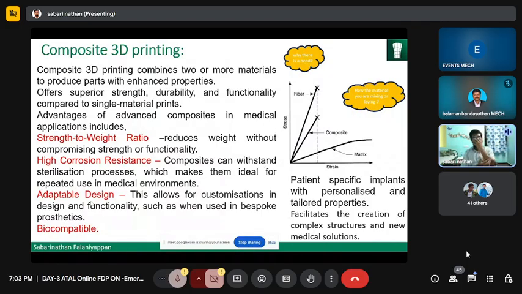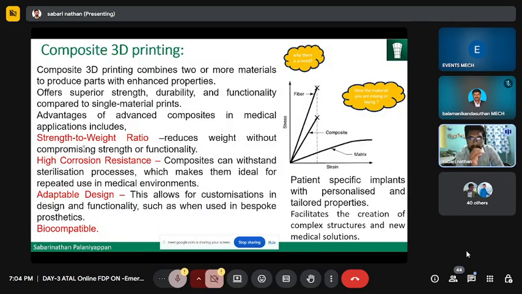In order to reduce the brittleness and increase the strength, you need to add some kind of reinforcement. When you enhance the base polymer property by mixing with another material, we call it a composite. In order to increase the strength to weight ratio and other mechanical properties, you need to add other kinds of materials.